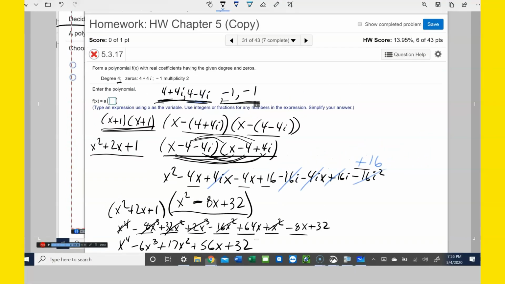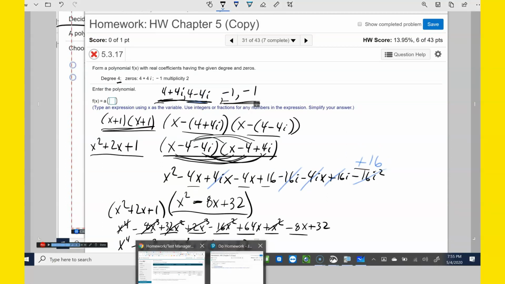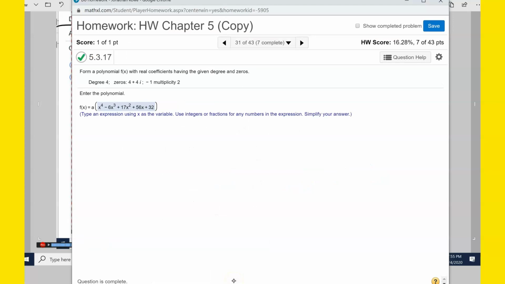And that, hopefully, I think I've already typed it in. And this is what I typed in earlier, and this was the right answer, and that is the same thing that I had in my work right here, I believe.